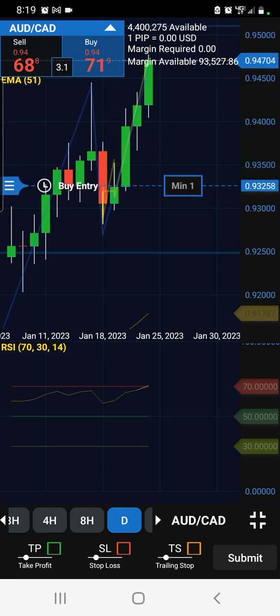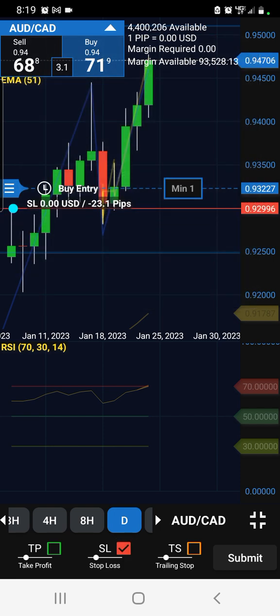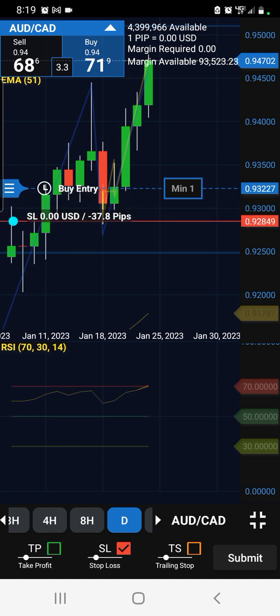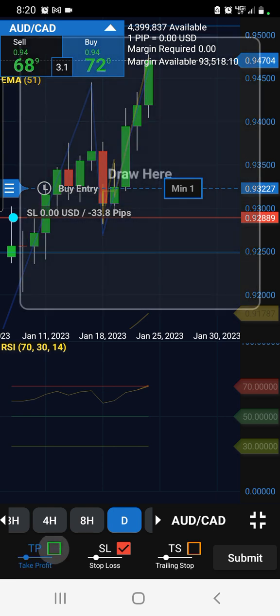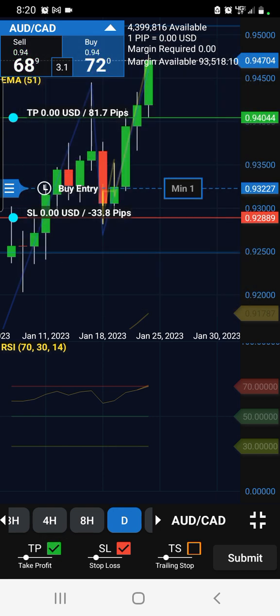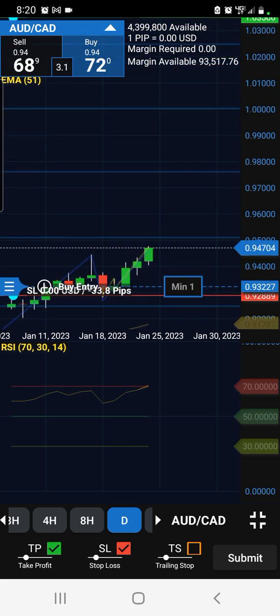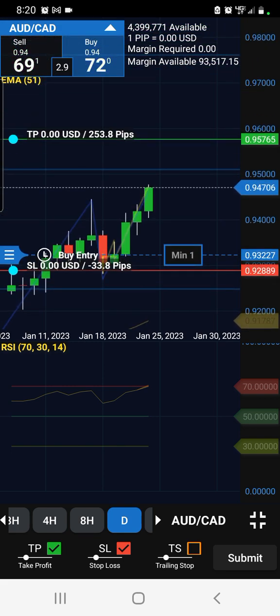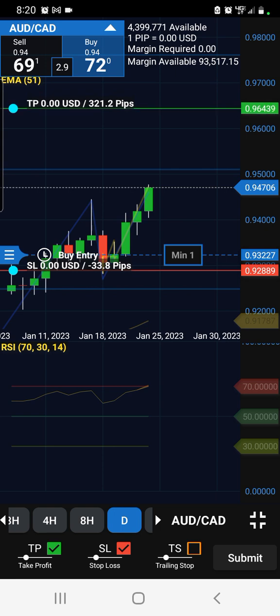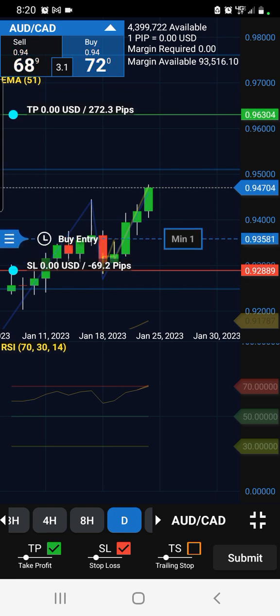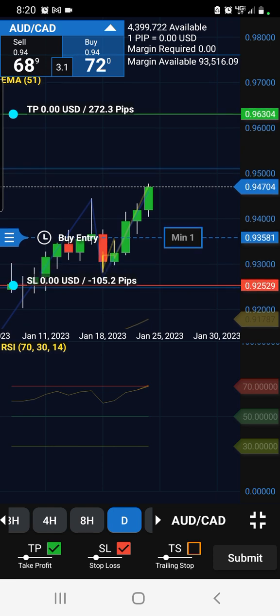I would have set my stop loss below the lows in the pullback on the hourly, possibly somewhere right here. And I would have done a 2-to-1 ratio. So 320 is what it would have been set at. I think it was 160 on the hourly.